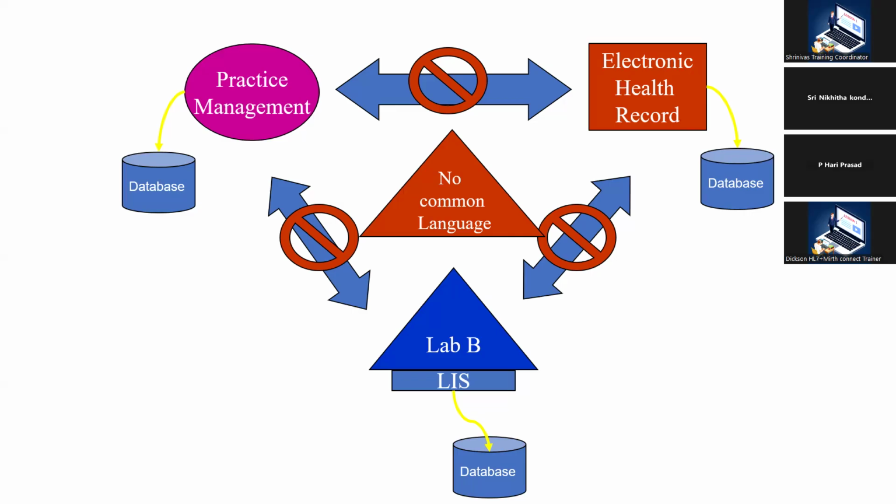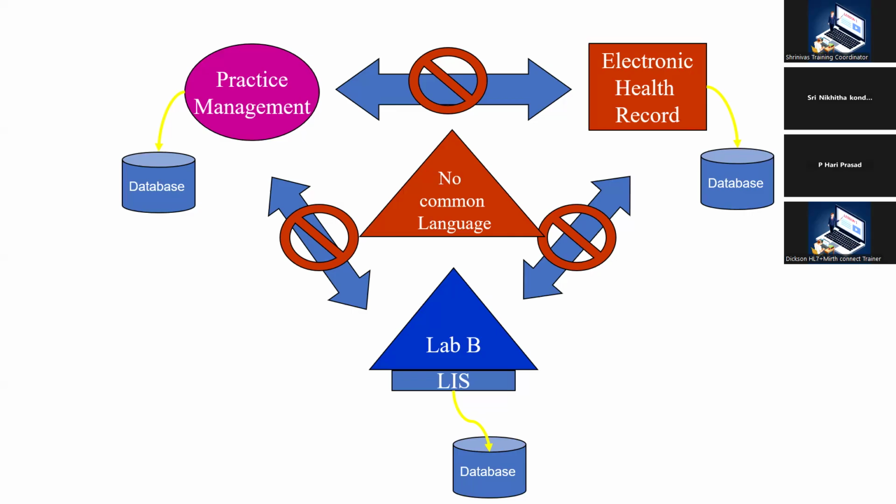Similarly, when these applications have to exchange the data, each application's database is different from the other. The PM system's database architecture, database design, the way it stores the data is totally different from the data stored in EHR. So whenever a patient is getting registered in the PM system, this data has to be sent from PM to EHR, or else the doctor will not be able to see the patient information or get the appointment notification and so on.